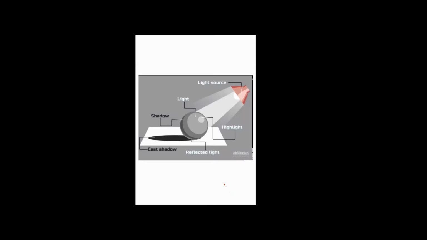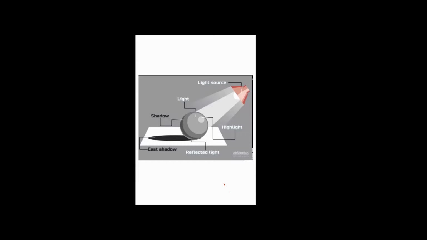Generally when we see an object, why do we see it? Because there is a source of light, and because of it, things are visible to us. Imagine if we close our eyes, or if there is no sun, we can't see anything. So the source of light is a very important thing, because it enables us to see so many things around us.